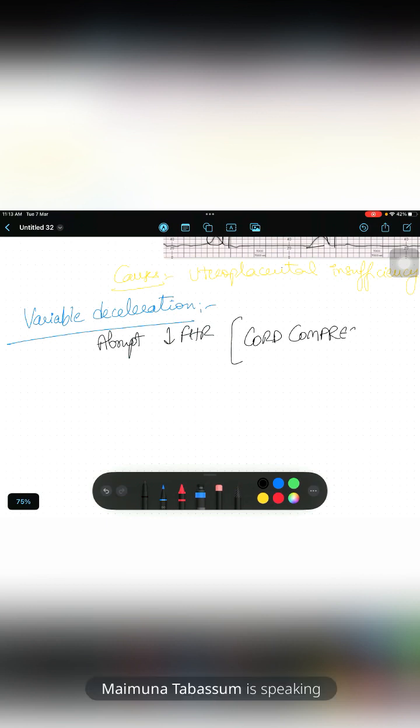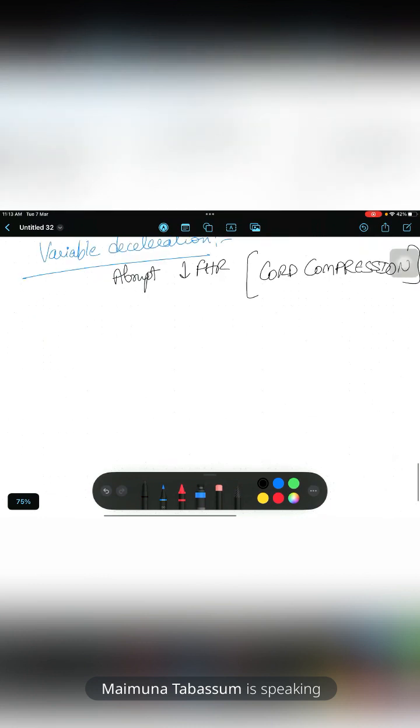Then, what is a prolonged deceleration? It is an abrupt decrease in the fetal heart rate to less than 80 beats per minute. It becomes suspicious if the decrease lasts less than 3 minutes. It becomes pathological if it lasts more than 3 minutes.